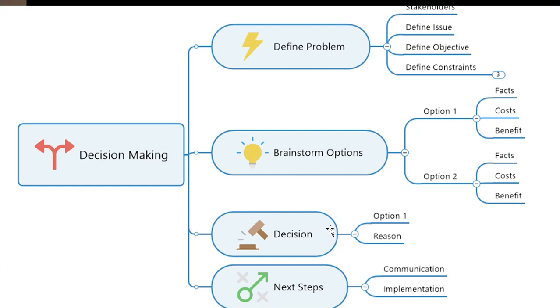Then when you move to the decision part, let's say you choose the first option and give a reason. Of course, sometimes when we try to solve our problem, we have a few options, and then we usually choose the best solution, right? So the best solution is based on a certain reason, right?